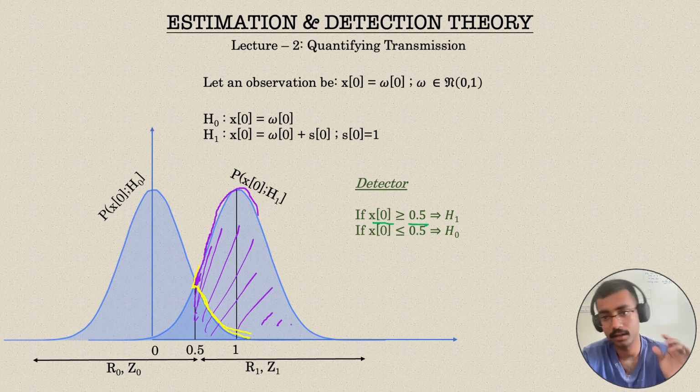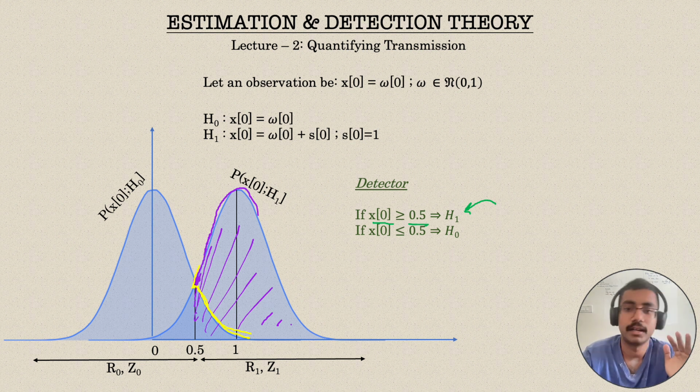When the observation we make is greater than 0.5, we can say with some sense of certainty that the signal was sent. We can say that the observation belongs to hypothesis H1.